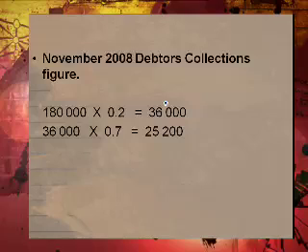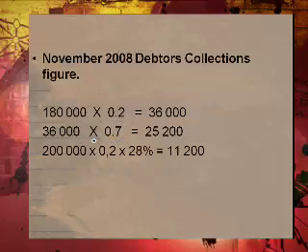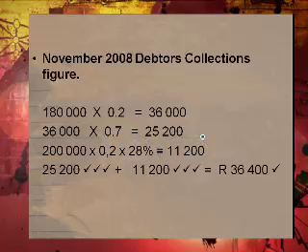You take your 180,000 times the 20% to get your credit sale firstly, then you multiply that by 70% because that's what I'm going to get following the month of sale, and then I take the 28% of that based on the other month's sale to give me the 11,200.